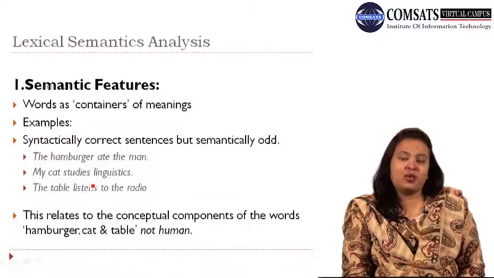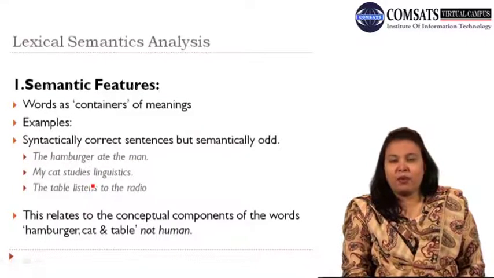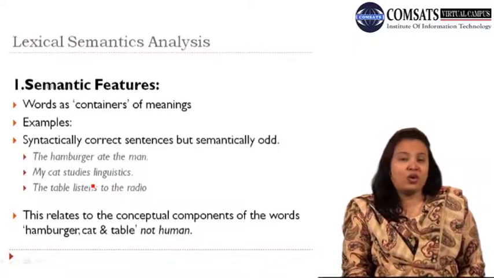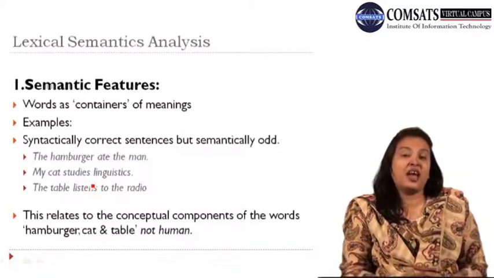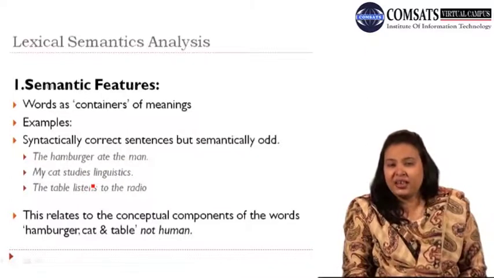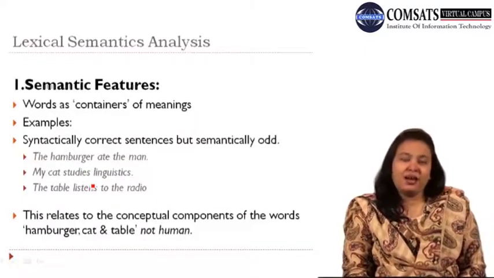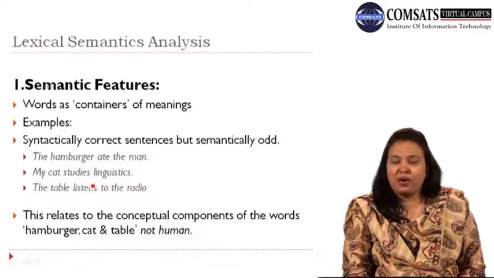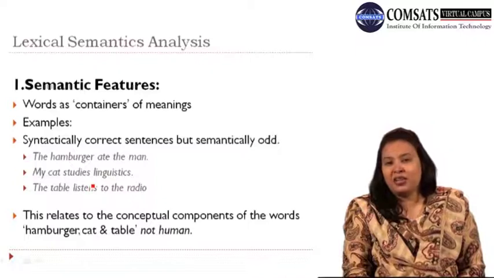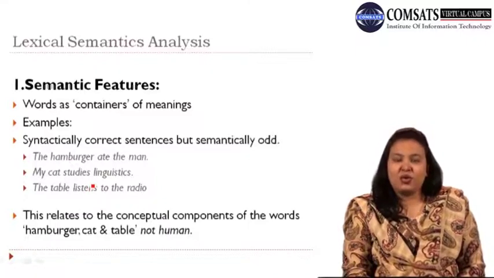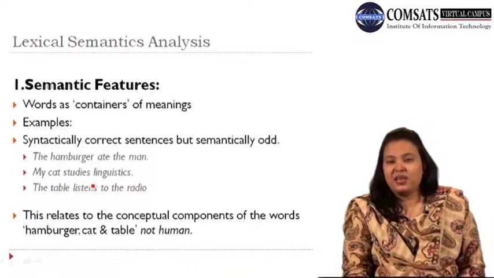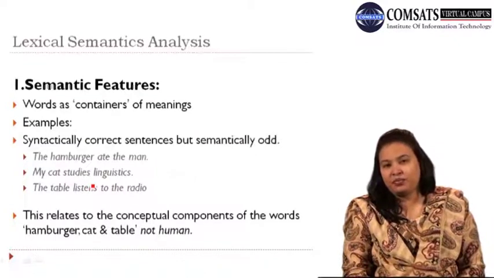Look at the second example: my cat studies linguistics. Now, studying is something that can be performed by an animate object, and I know a cat is an animate object, a living thing. But again, my semantic knowledge tells me that studying is an action performed only by human beings, not animals. So the semantic knowledge about the word cat tells me that this sentence is wrong.